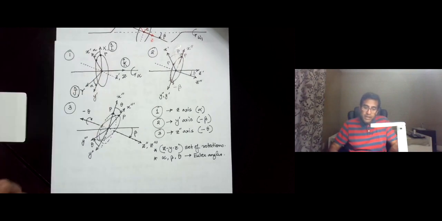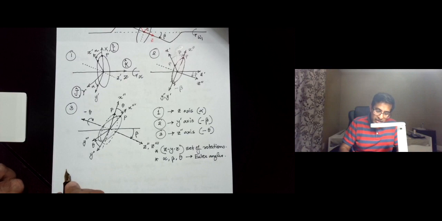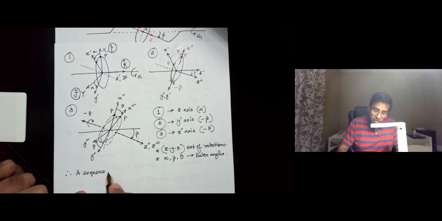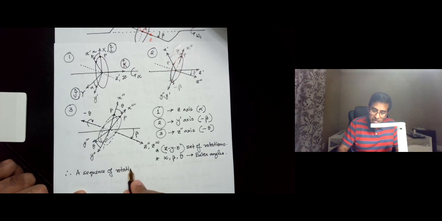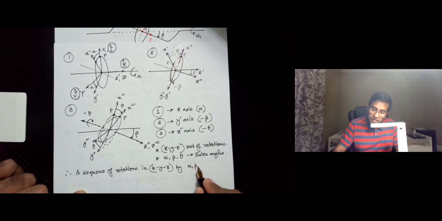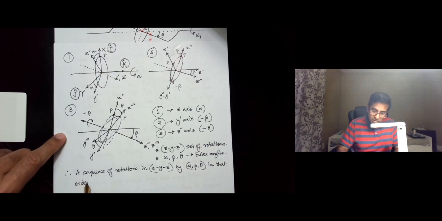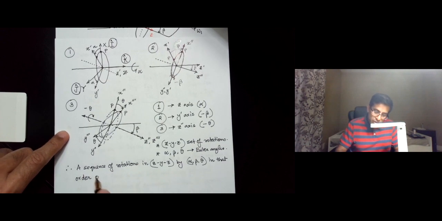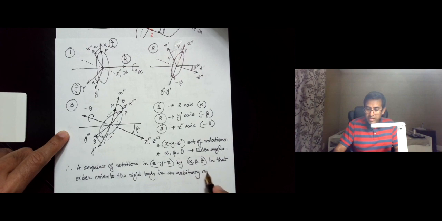Okay, so one thing that we see is that a sequence of rotations in Z, Y, Z by alpha, beta, theta in that order, orients the rigid body in an arbitrary orientation.